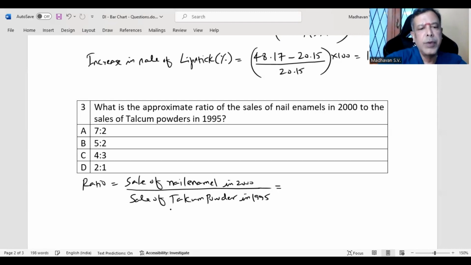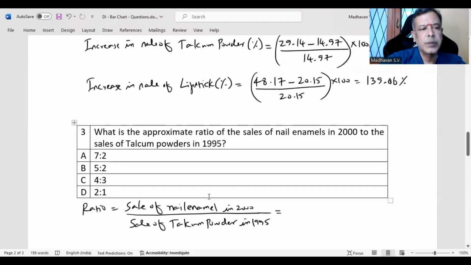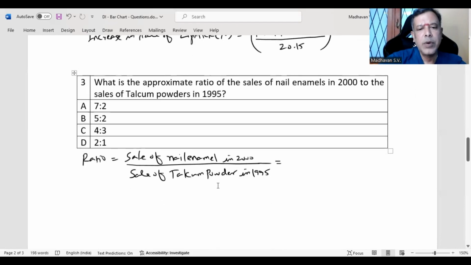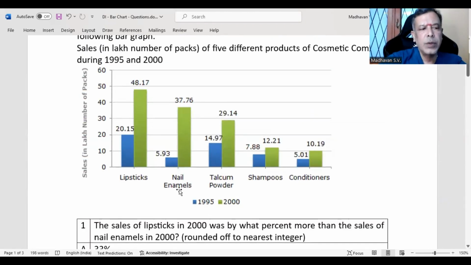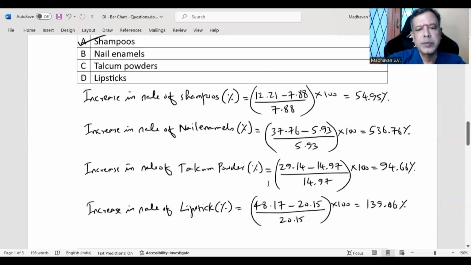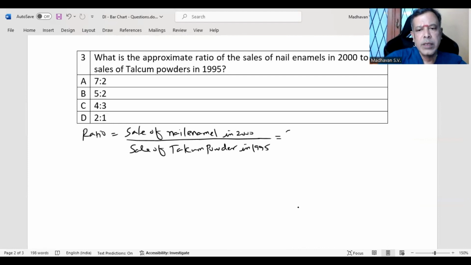Now from the graph, we will capture these two values. Nail enamel is for 2000, which is 37.76. Talcum powder is for 1995, which is 14.97. So 37.76 by 14.97. If we divide, we will get the ratio as 2.52.